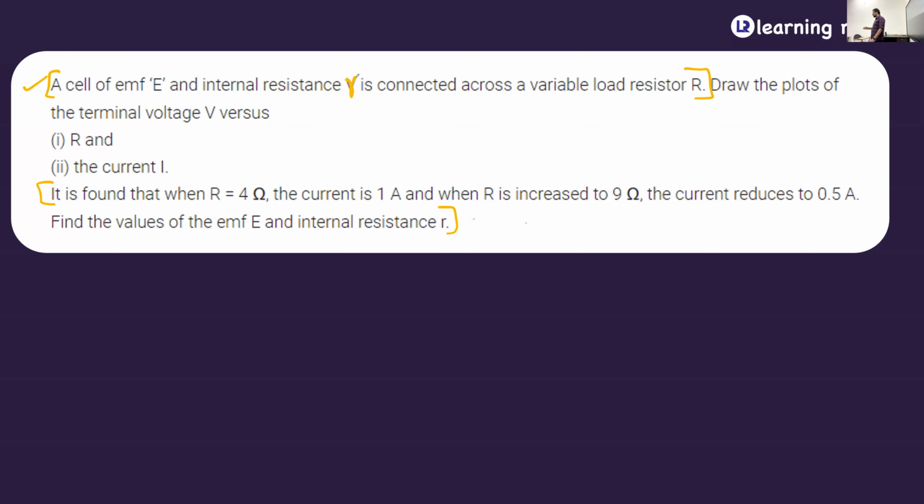If they were inversely proportional, what should have happened? Here the current is 1 ampere, and the resistance was 4. After this, the value should have been 8. Why is it 9? Because of internal resistance, you cannot apply Ohm's law directly here.